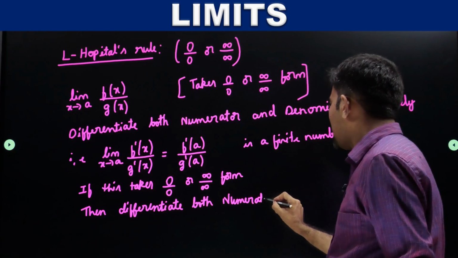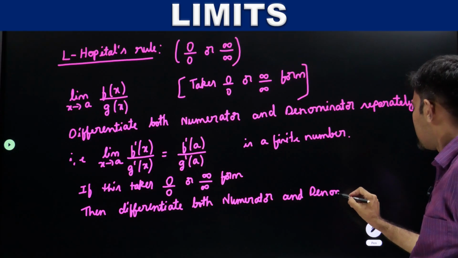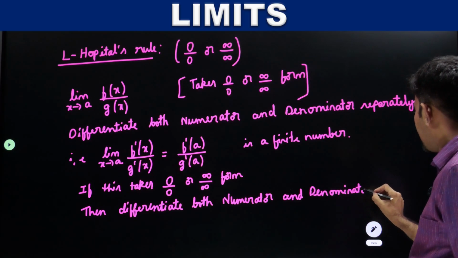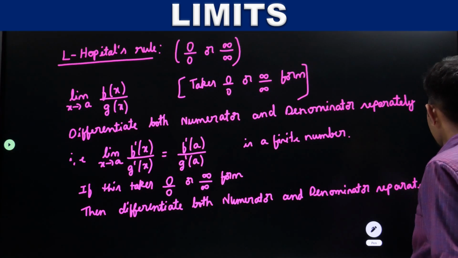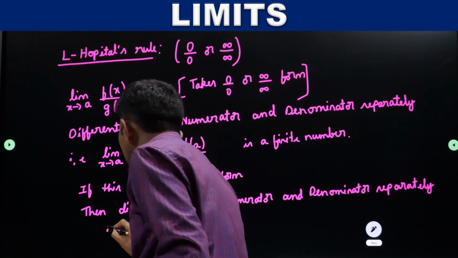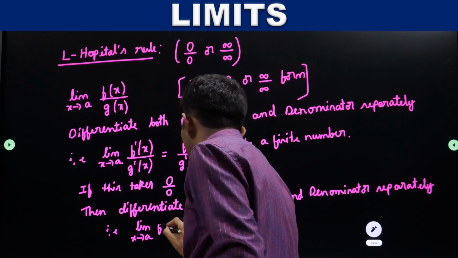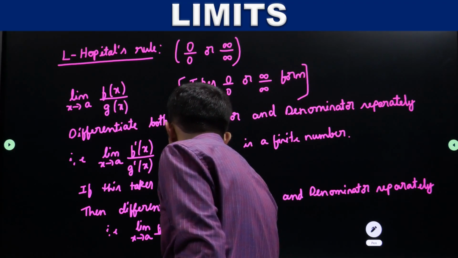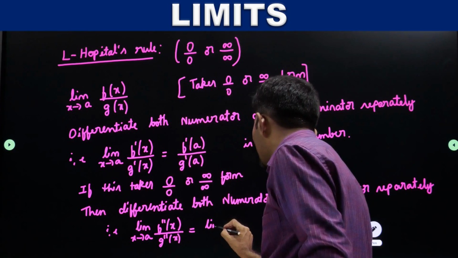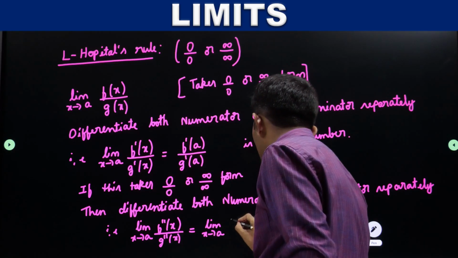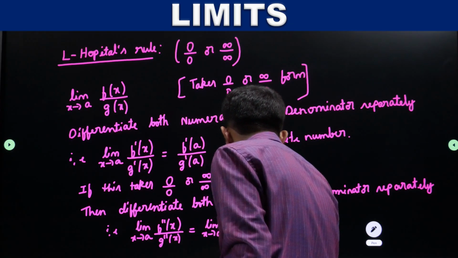That is, the limit as x tends to a of f double dash of x divided by g double dash of x, that is, f double dash of a divided by g double dash of a.